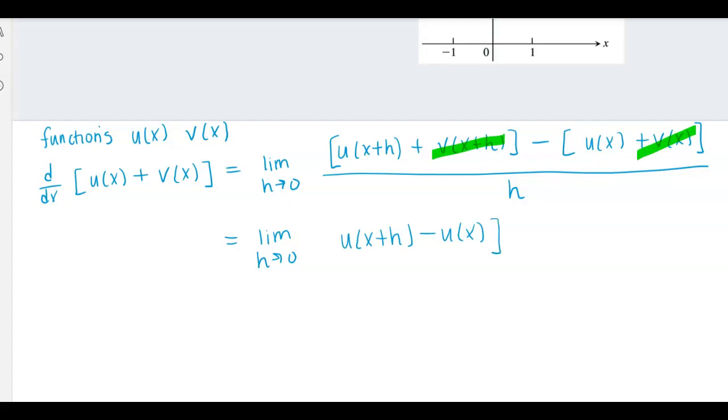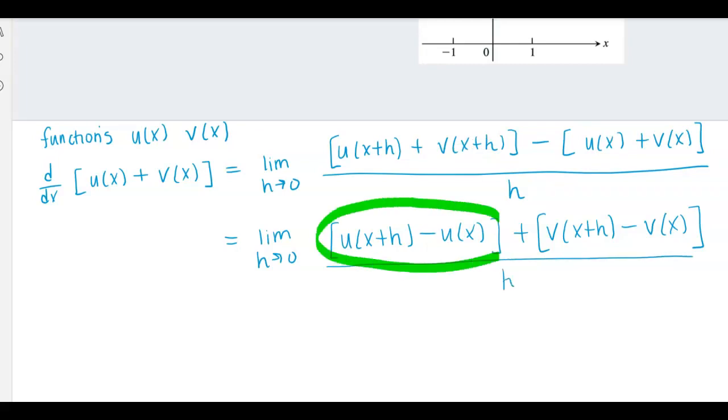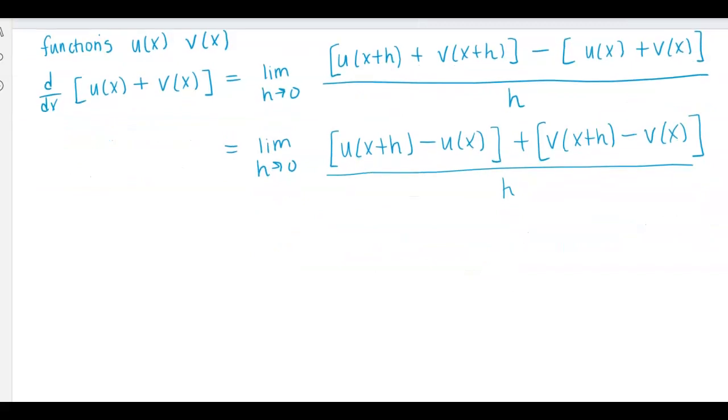So I'll have a plus v of x plus h minus v of x. I'm taking that subtraction sign and distributing it to both items. So that's how I'm getting the subtraction there. Then we can see that by just taking this guy on its own, actually, I'm going to split this into two fractions just so we can see it more clearly.